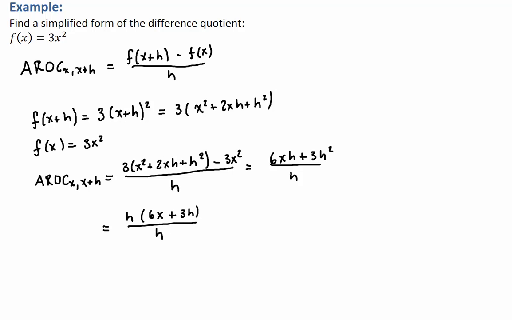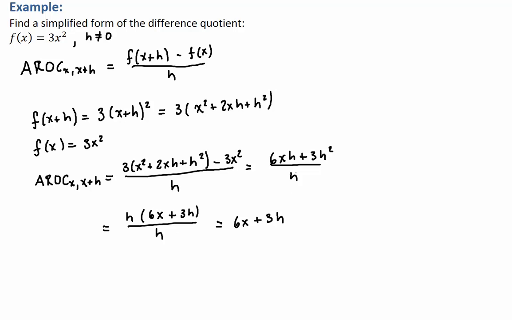Now, I should have made a note here that h is not equal to 0, and in that case, I can actually cancel this out and get 6x plus 3h, just by dividing this out.